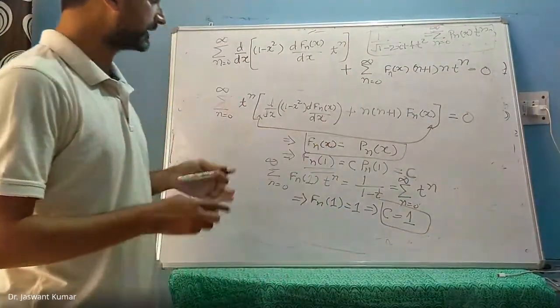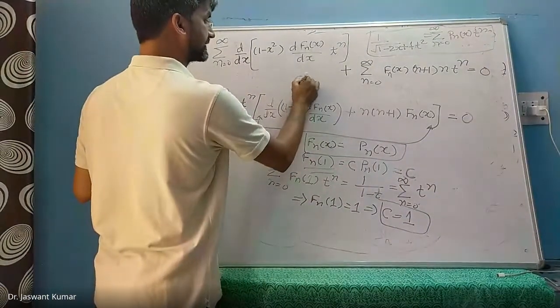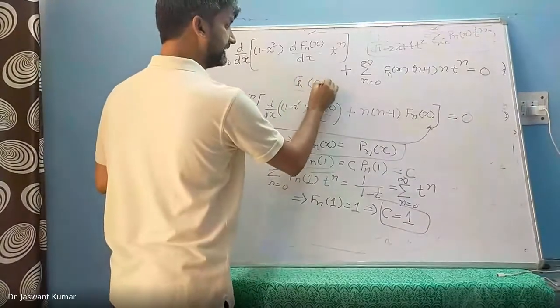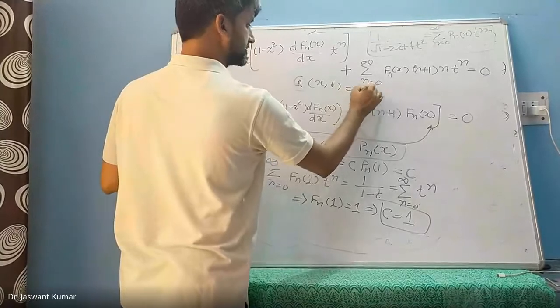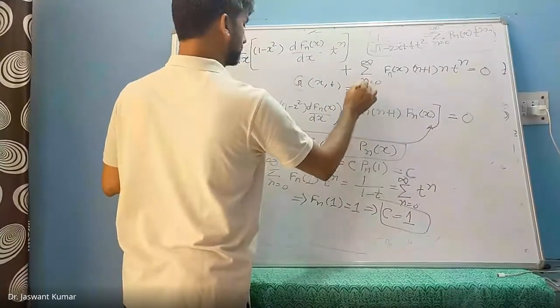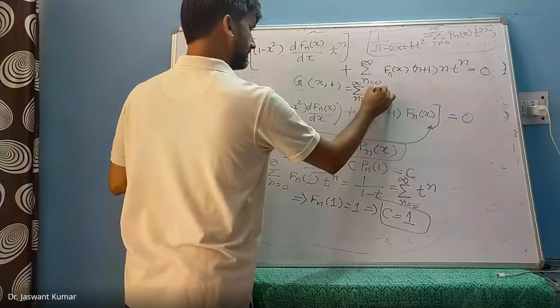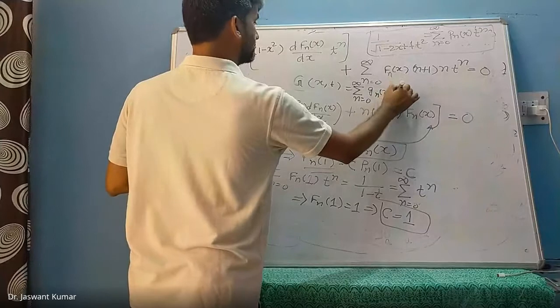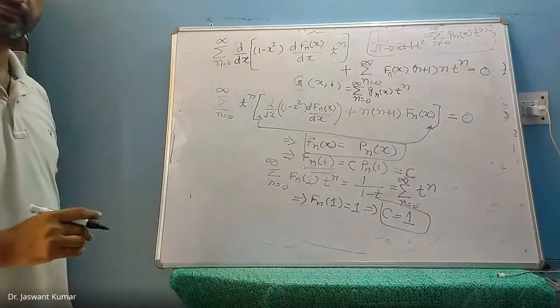Generating function for a particular function: if capital G is the generating function of small g, then capital G has the property that capital G(x, t) must be equal to the summation n going from 0 to infinity of g_n(x) times t to the power n.